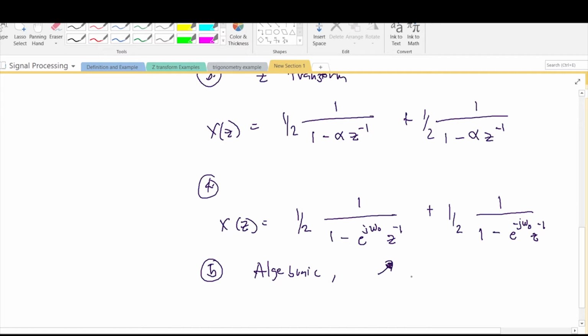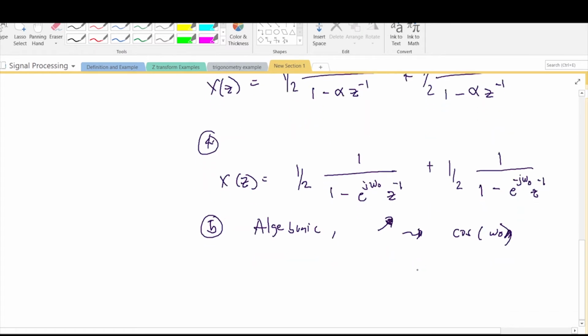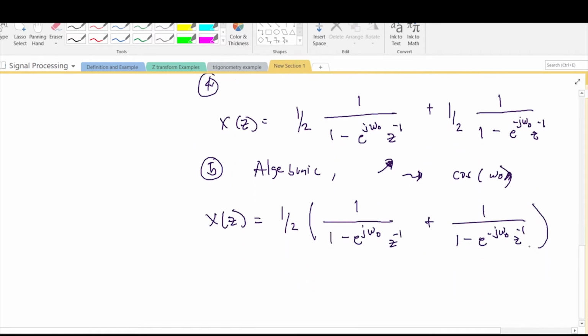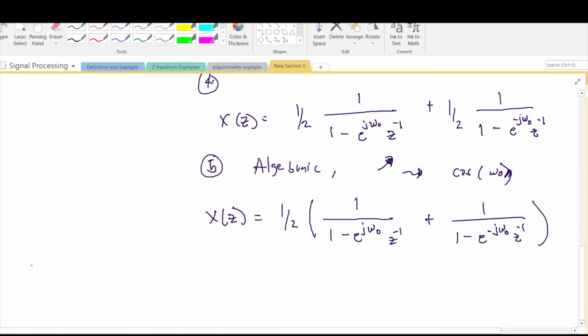By simplifying this, we're going to revert it back to the cosine form. Since it's in a transform, there is no n. So we're going to factor out that 1/2, and then we're going to multiply first.